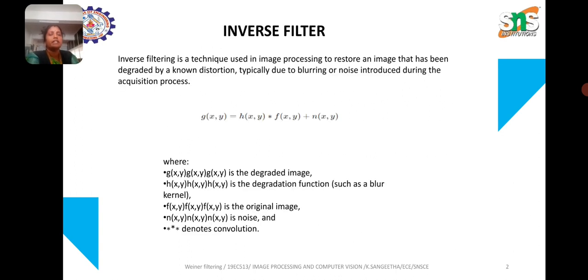So inverse filtering is a technique used in image processing to restore an image that has been degraded by a known distortion, typically blurring and noise introduced during the acquisition process.